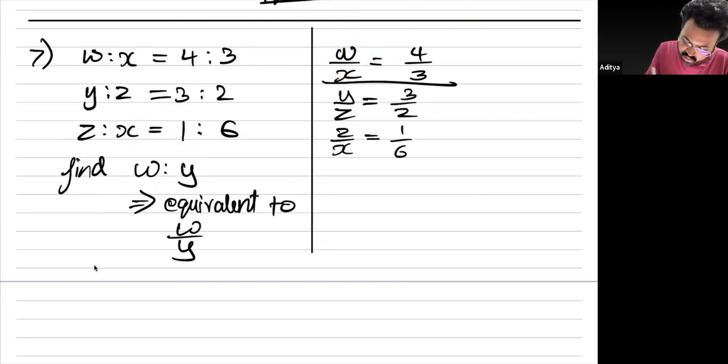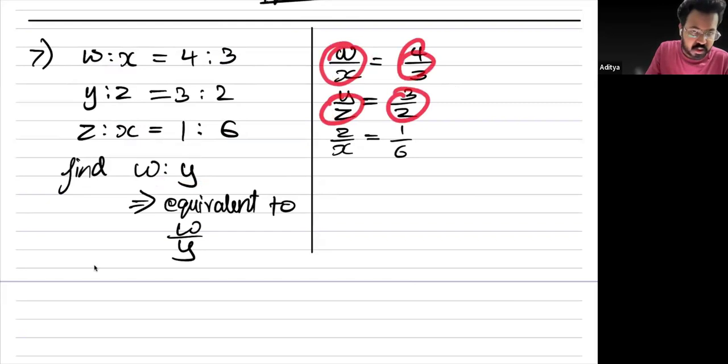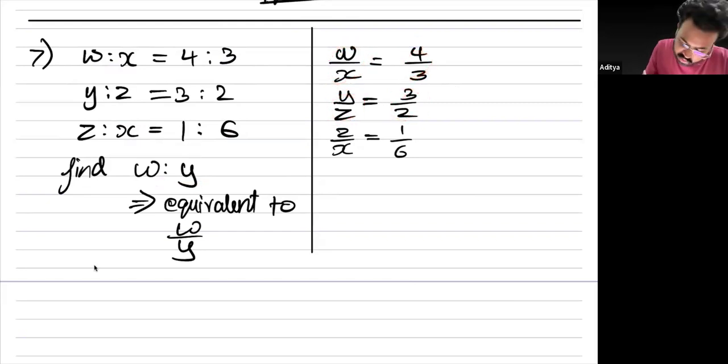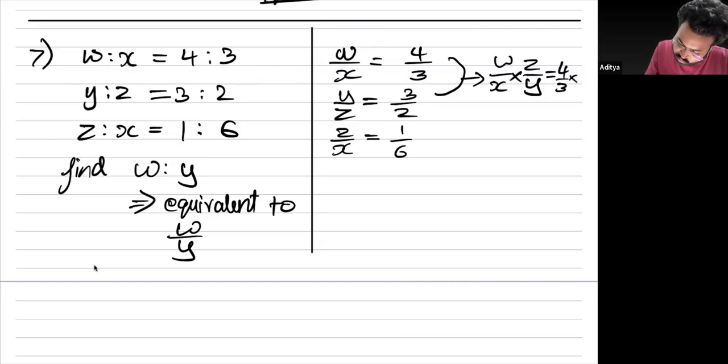We can divide these two quantities. Since we have already converted them into fractions, if we divide both of them, we can see that w upon x times z upon y is equal to 4 upon 3 times 2 upon 3. So the denominator of your denominator will become your numerator.